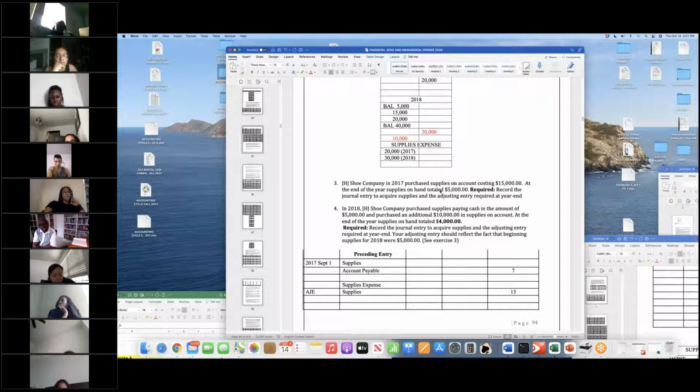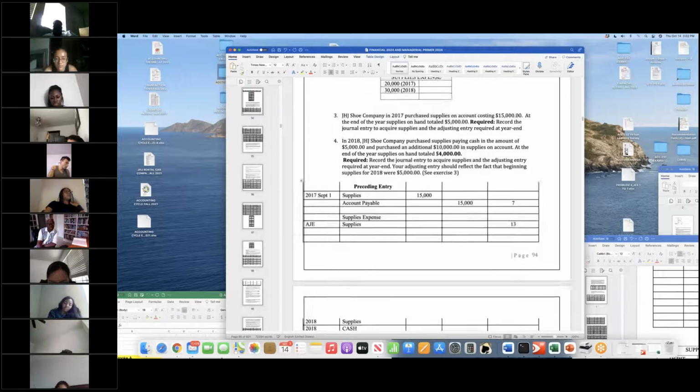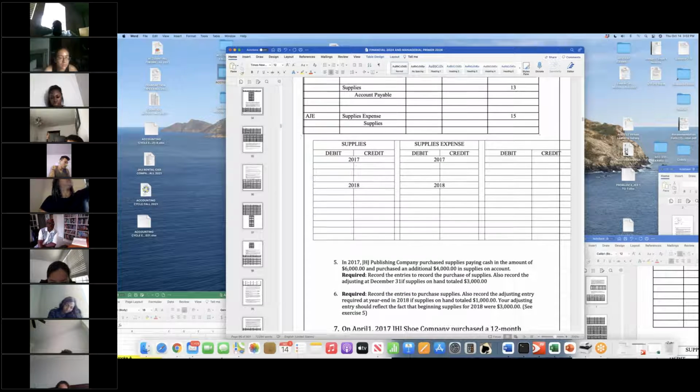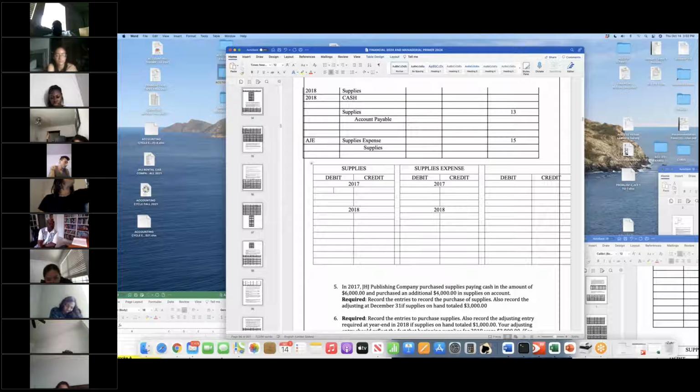So let's look at number 3. JHJ Company in 2017 purchased supplies on account costing $15,000. Okay, preceding entry, 15,000. So we'll post that in the supplies account, 15,000.